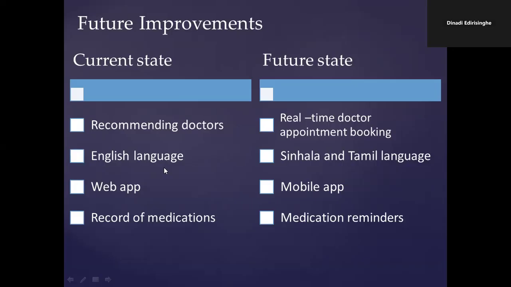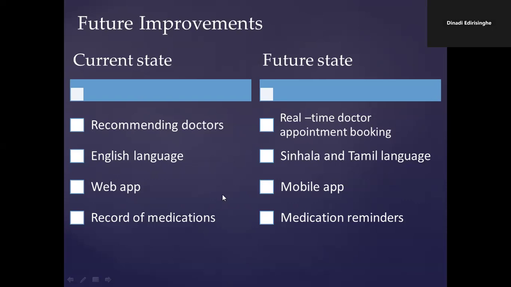Language accessibility is the biggest barrier there. Currently the app only communicates in English. So improving the app to communicate in Sinhala, Tamil and English brings down the language barrier.